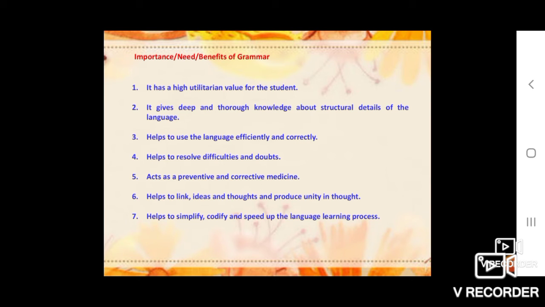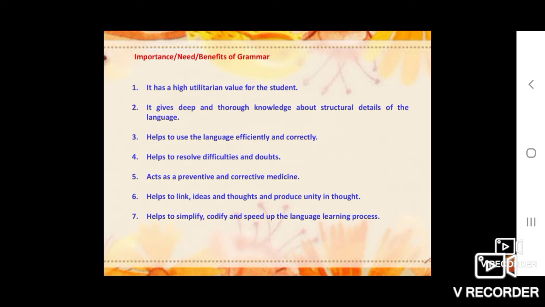The importance, you may say the need, you may say the benefits of grammar. Why should we learn grammar? It has high utilitarian value for the student. The student who wants to learn the English language must have command over grammar or grammatical operations, so that he can be a perfect speaker of English. It gives deep and thorough knowledge about the structural details of the language.